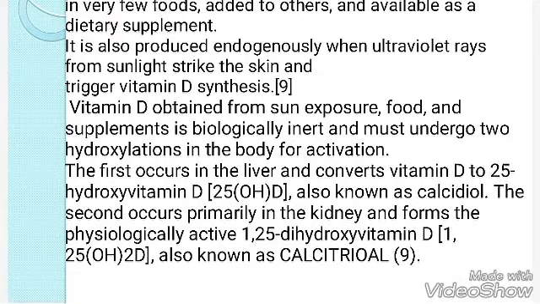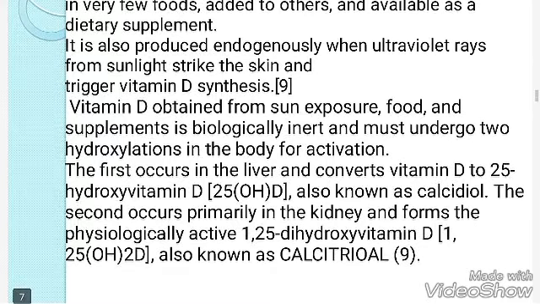Vitamin D obtained from sun exposure, food, and supplements is biologically inert and must undergo 2 hydroxylations in the body for activation. The first occurs in the liver and converts vitamin D to 25-hydroxyvitamin D, and the second occurs primarily in the kidney and forms the physiologically active 1,25-dihydroxyvitamin D.